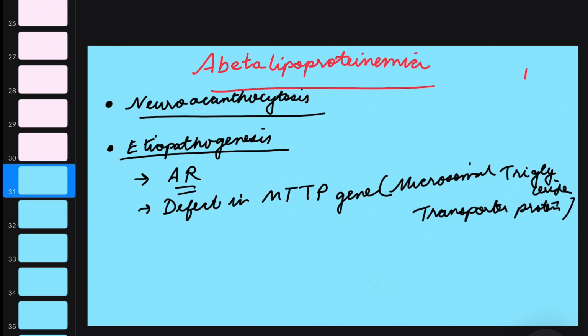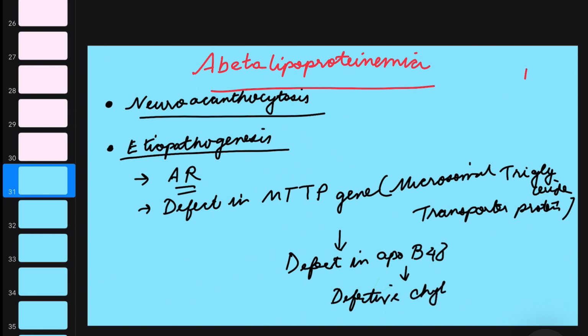Since there's a defect in this gene, this leads to a defect in ApoB48. And since there is a defect in ApoB48, there will be defective chylomicron formation or no chylomicrons being formed, and so this will lead to malabsorption. Okay, this is it. Done.